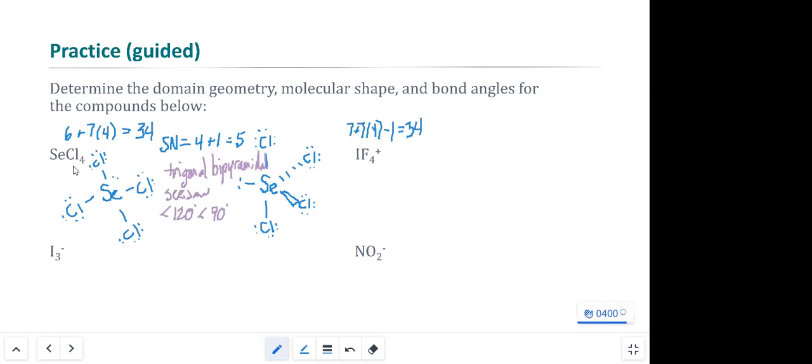The only thing that's really different is what atoms are there. So in drawing this, I can go through the same process.